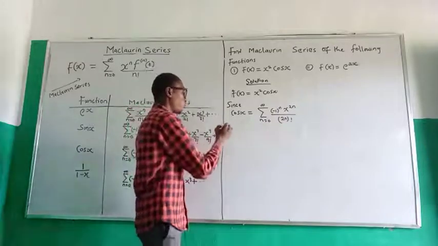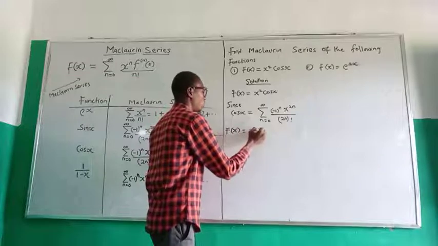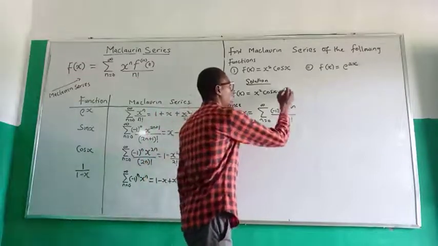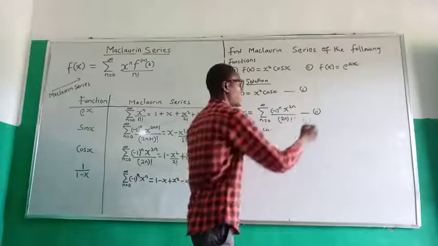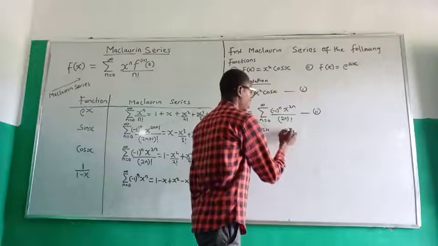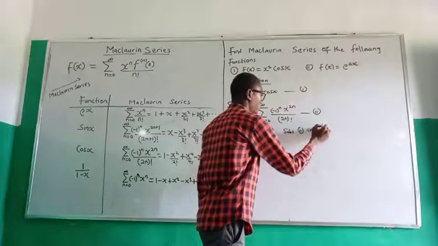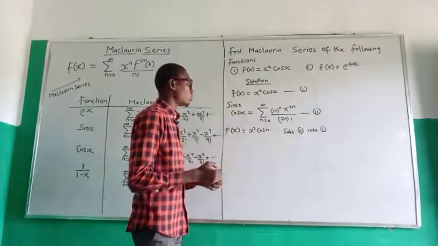Now from the question, f of x is x squared cos x. Let me call this equation 1 and the series equation 2. We can substitute equation 2 into equation 1, wherever you see cos x in equation 1.